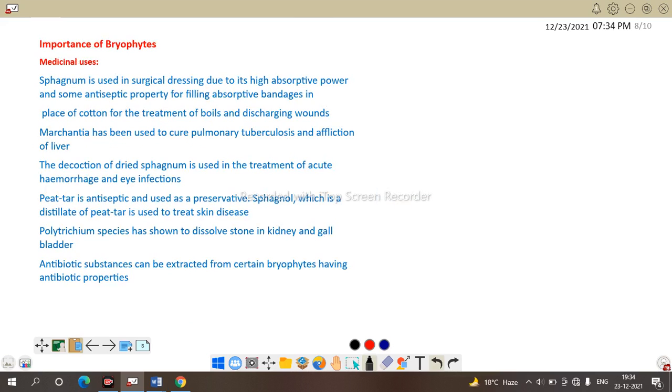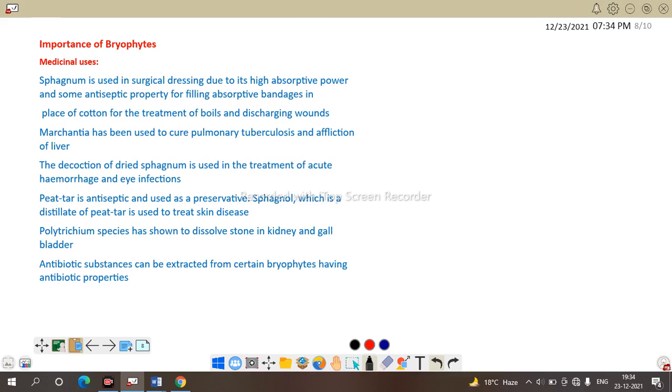And the last part is economic importance of bryophytes. First is medicinal use. Sphagnum is used in surgical dressing. Marchantia has been used to cure pulmonary tuberculosis and afflictions of the liver. Decoction of dried Sphagnum is used in the treatment of acute hemorrhage and eye infection.